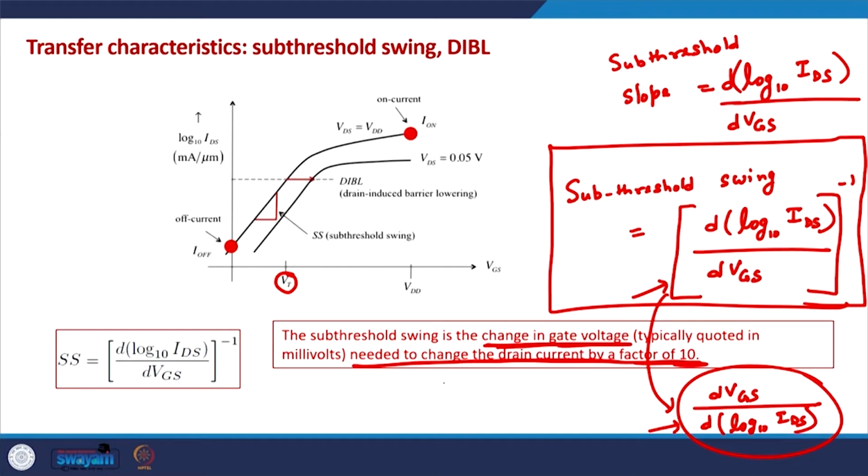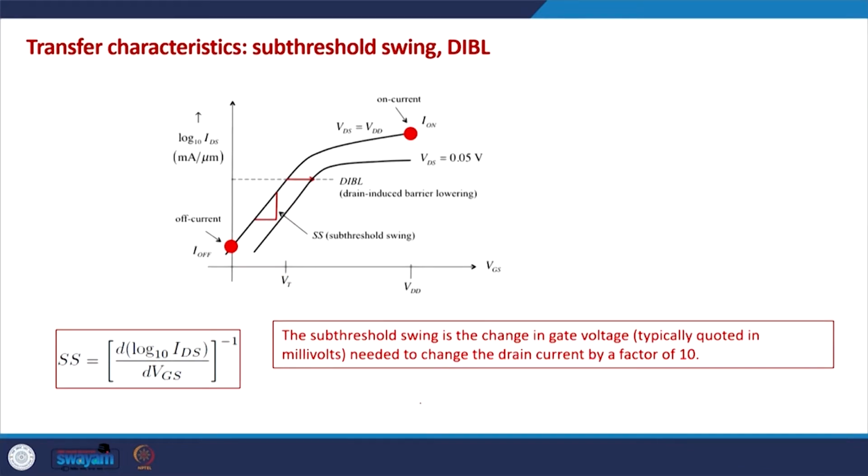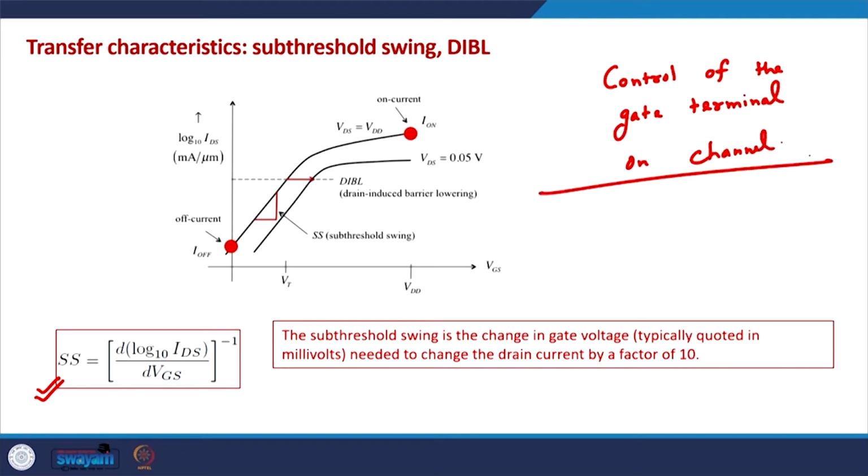Apart from just defining the sub-threshold swing, it tells us about the control of the gate terminal on the channel.